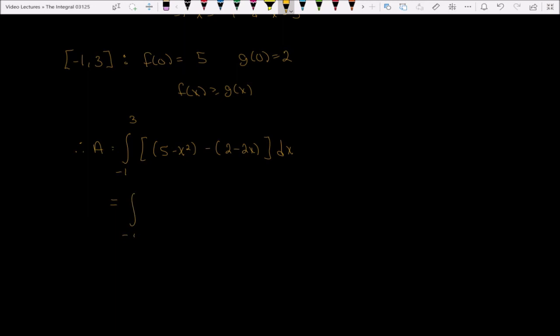It's the integral from -1 to 3 of 3 plus 2x minus x squared dx.